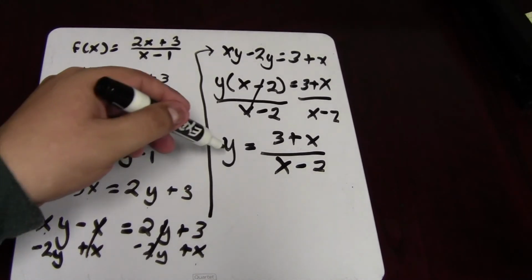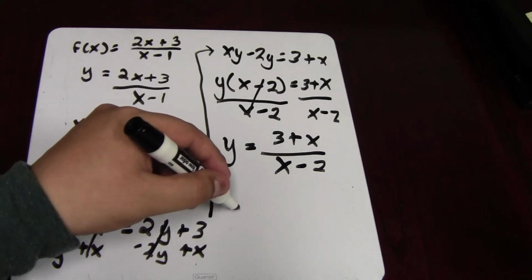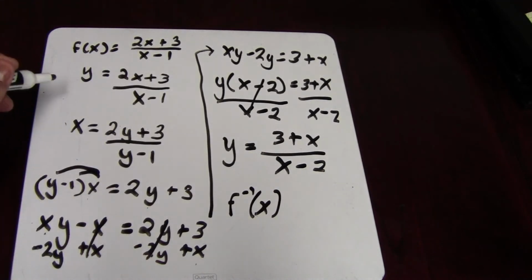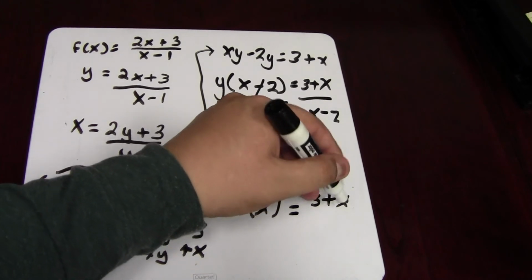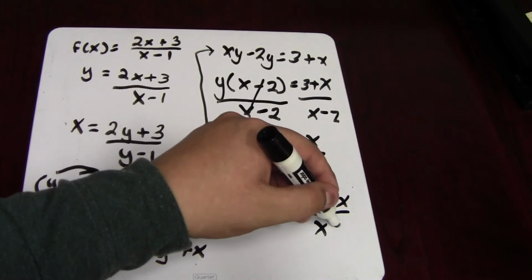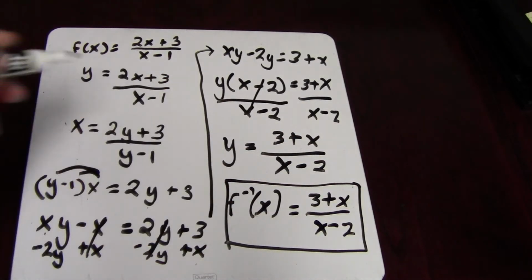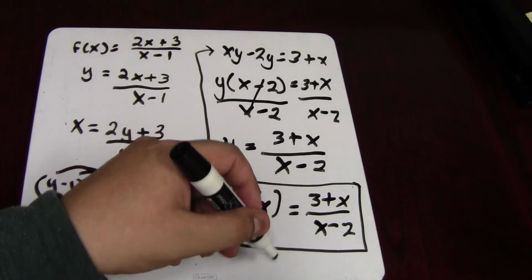Step 4, which is just to replace this with the inverse notation. The f inverse of x is equal to this, and there is our inverse. It's important to note here that x cannot equal 2.